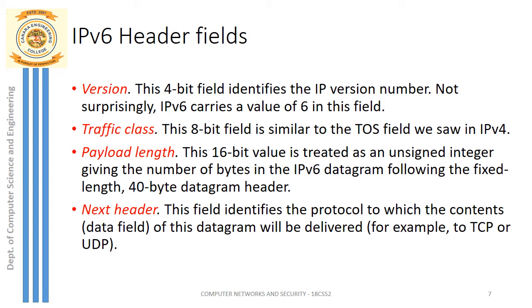The next field of IPv6 is next header. This field identifies the protocol to which the content of this datagram will be delivered. Normally it will be TCP or UDP. Sometimes it will be an extension header added to the particular IPv6 datagram.